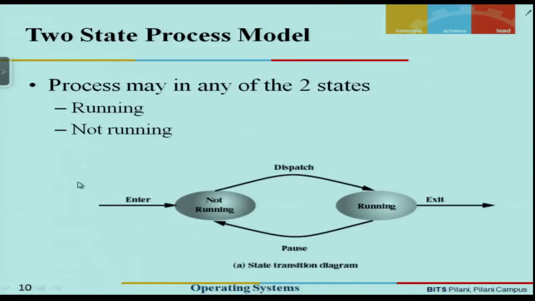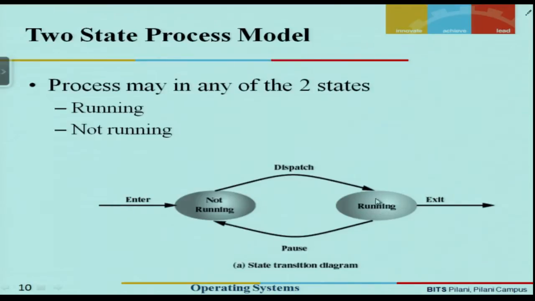Whenever a new process is started, it will enter a not running state. Then at some point of time, the dispatcher will get activated, pick up one of the not running processes and dispatch it to the CPU, and it will transit into what we call a running state.